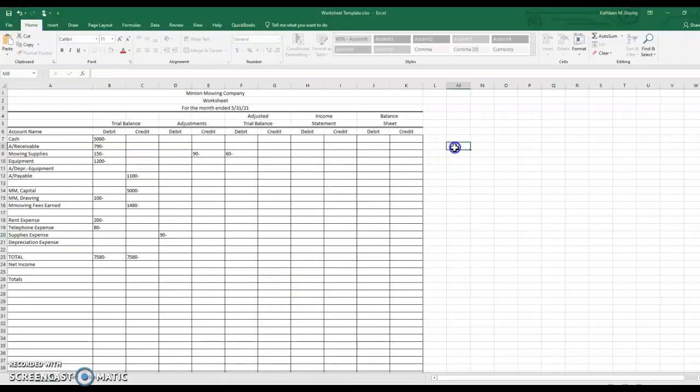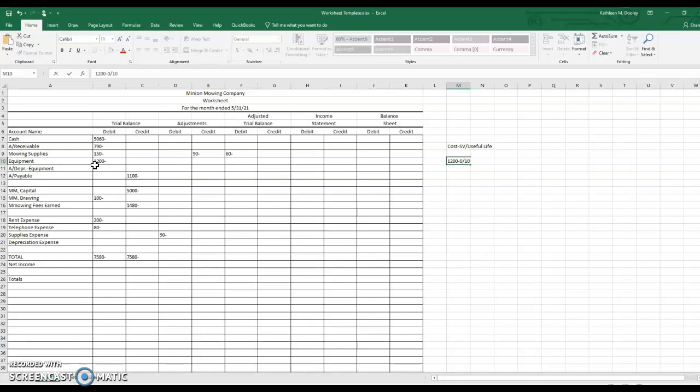Okay, so if I do that, my straight line formula is cost minus salvage value, and that whole amount, called the depreciable base or cost, divided by the useful life. So in our case, we have the cost of the equipment is $1,200. We don't have any salvage value, and then we're going to divide that by the useful life, which we were told was 10 years.